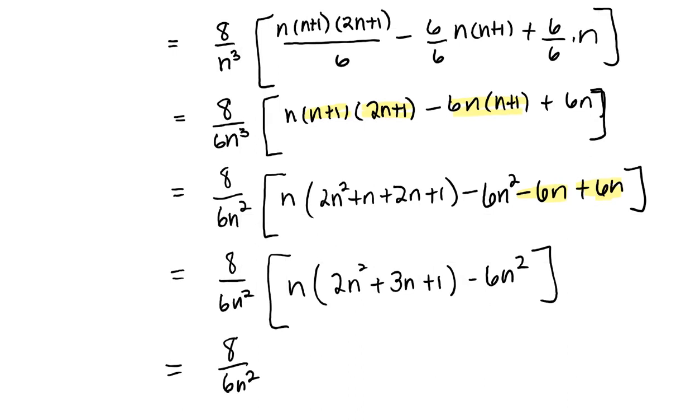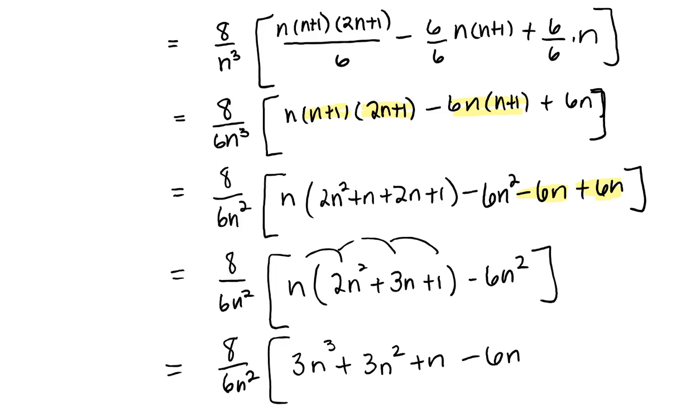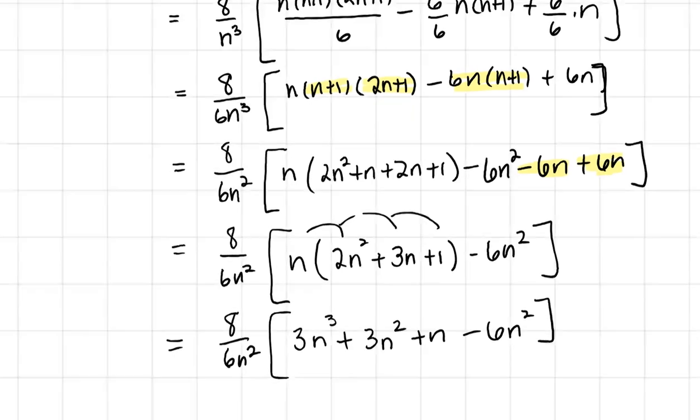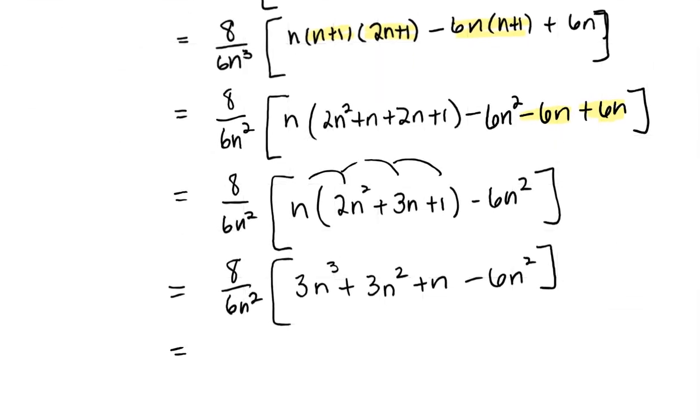And I'll distribute this n. That gives me 3n cubed plus 3n squared plus n minus 6n squared. I can combine like terms again.